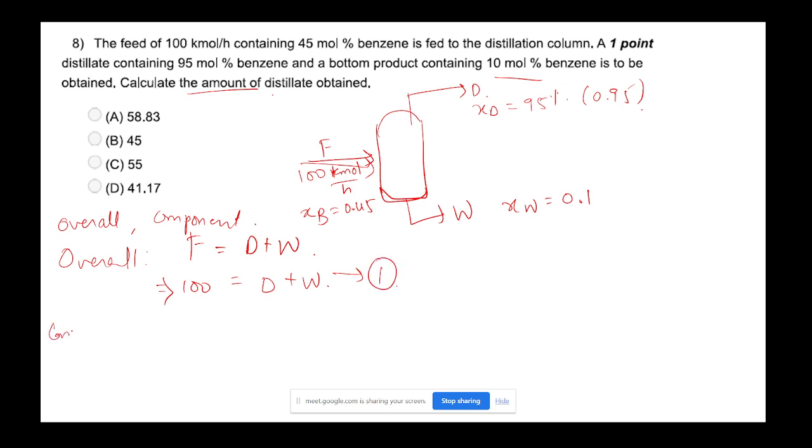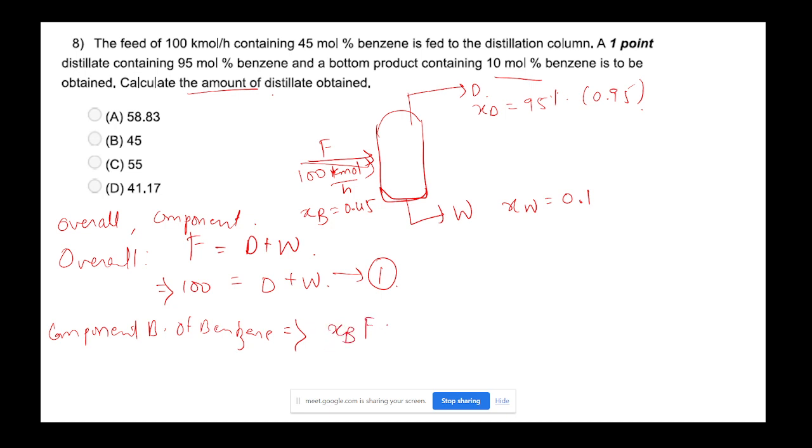Now writing the component balance for benzene. Whatever amount of benzene is going into the system is present in the feed stream. So what is that amount?